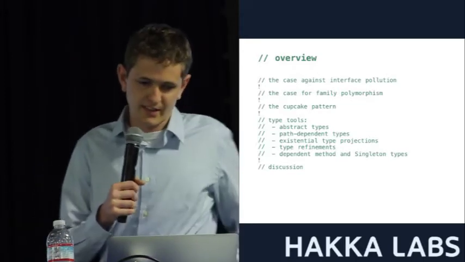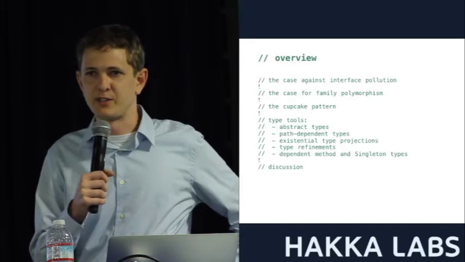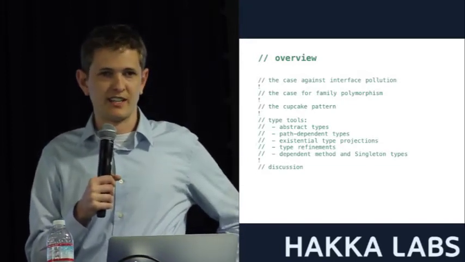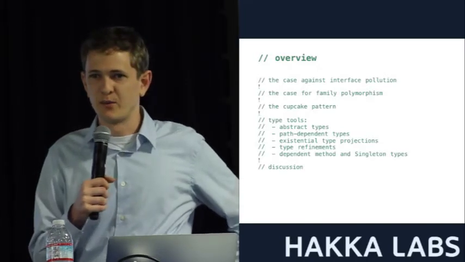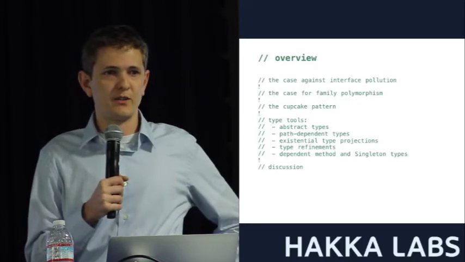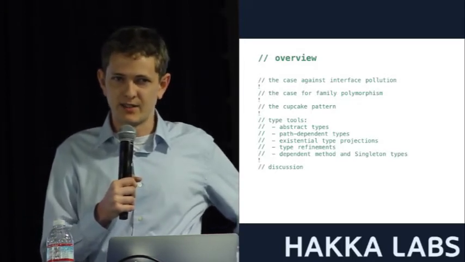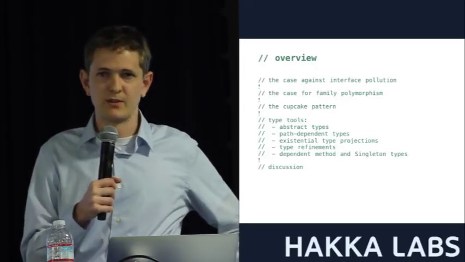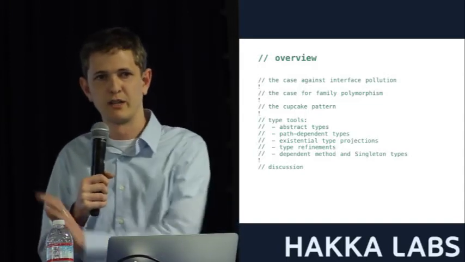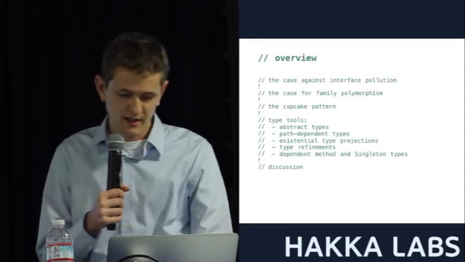First, I want to make the case against what I call interface pollution, which is particularly pervasive in Scala, since we have wonderful traits at our disposal, but they're a little bit of a catch-22 because it's really easy to add convenience methods to your interfaces, and that can really hurt the evolvability of designs in the long run.